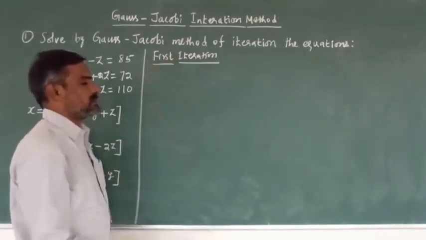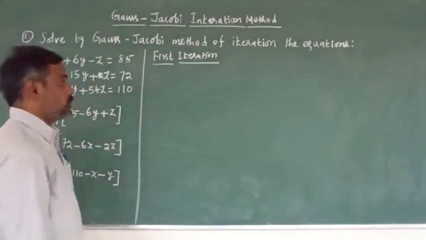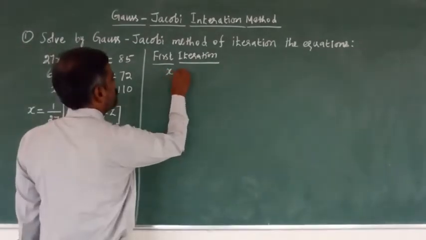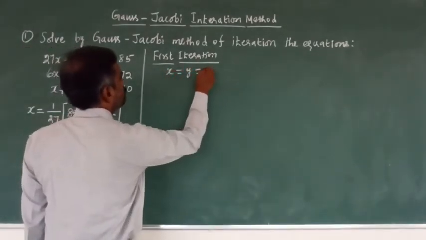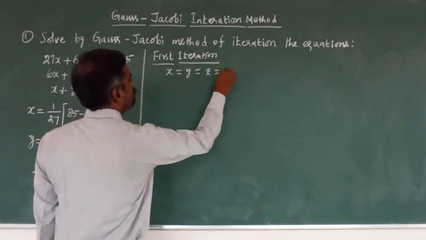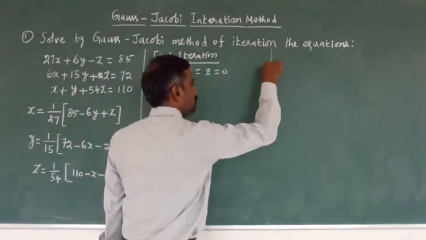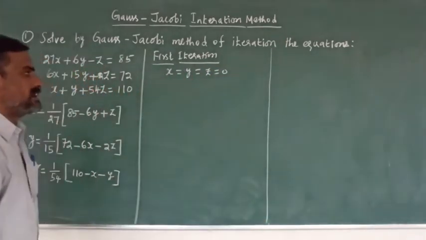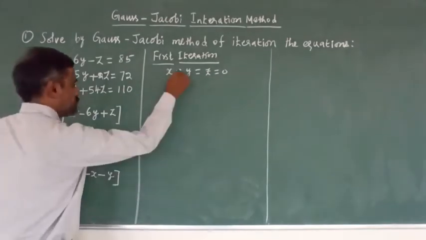For the first iteration, we fix the x value, y value and z value as 0.